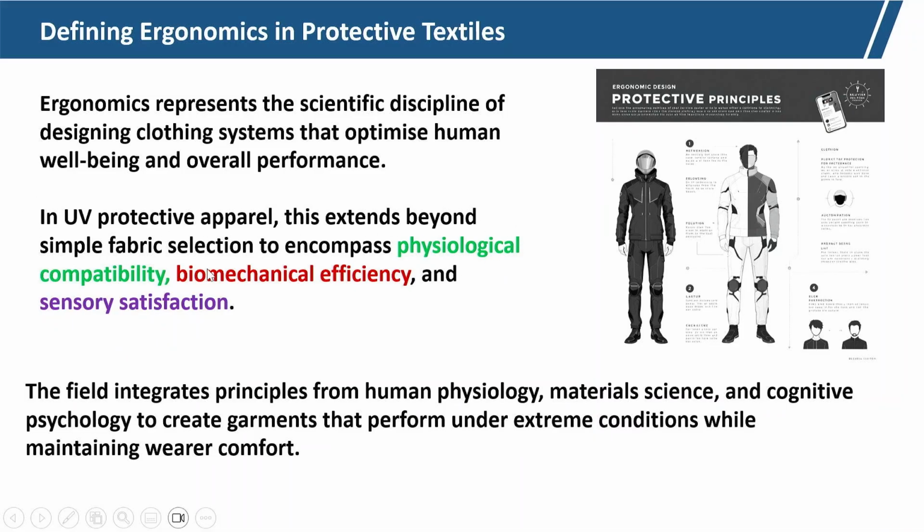In case of UV protective apparel, physiological compatibility should be there, biochemical efficiency should be there, and sensory transmission should be there. It should be comfortable, and the integration of different fields is important: human physiology, material science, cognitive psychology.